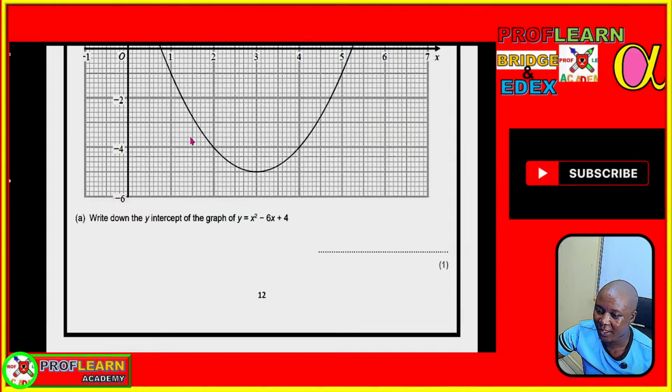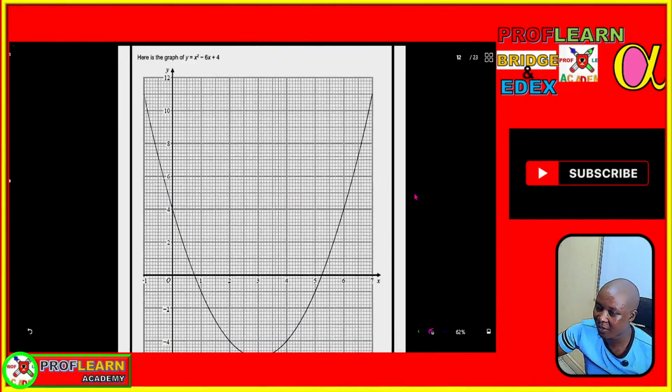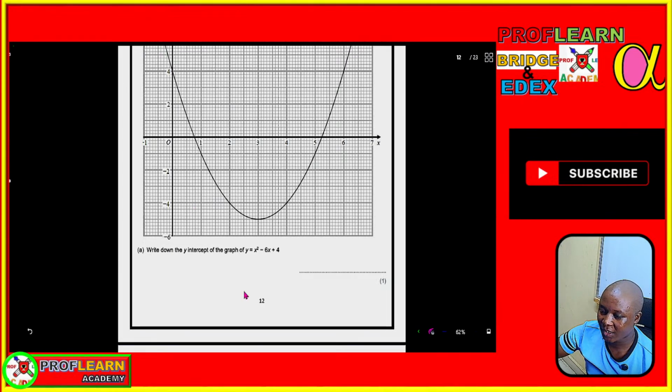Write down the y-intercept. I'm waiting for you guys to write down the y-intercept for this graph. What is the y-intercept for this graph? Let me see those who will be able to get it right.